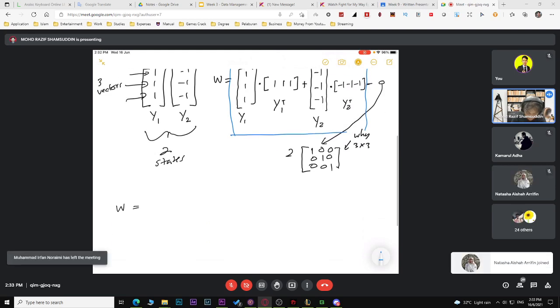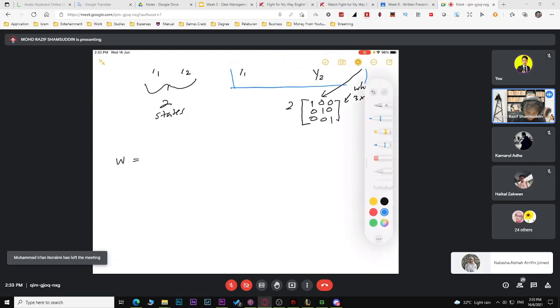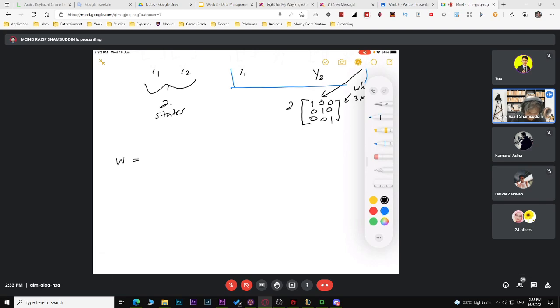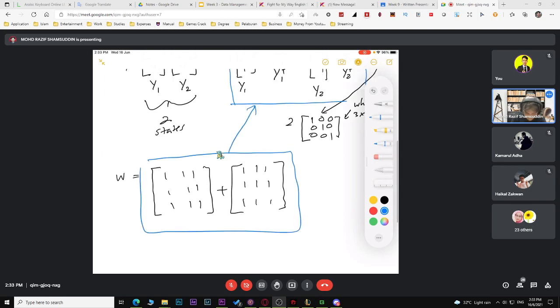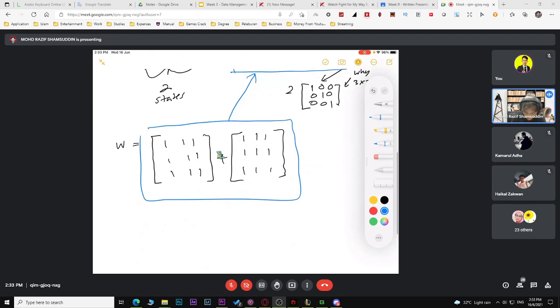This part is 111 plus 111, and then this is the same as this one, and then you minus 2 times identity matrix.